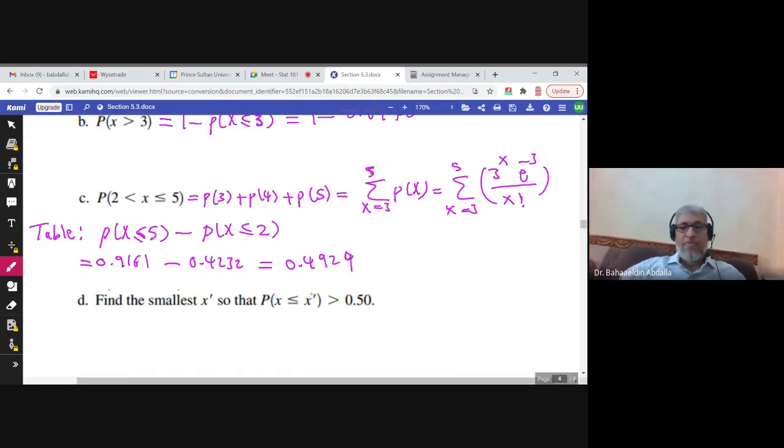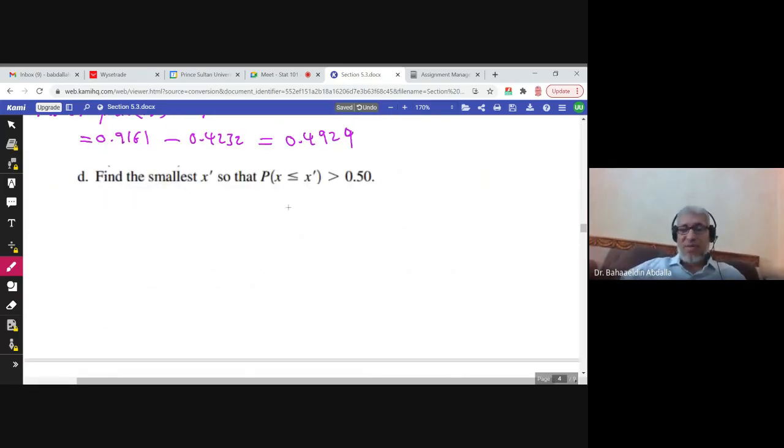0.499. Now the last part: find the smallest x prime so that probability of x less than or equal to x prime is greater than 0.5. Let us try to understand this question. X prime is a value of x, and x values are 0, 1, 2, 3, 4, and so on. So he needs the smallest x prime.